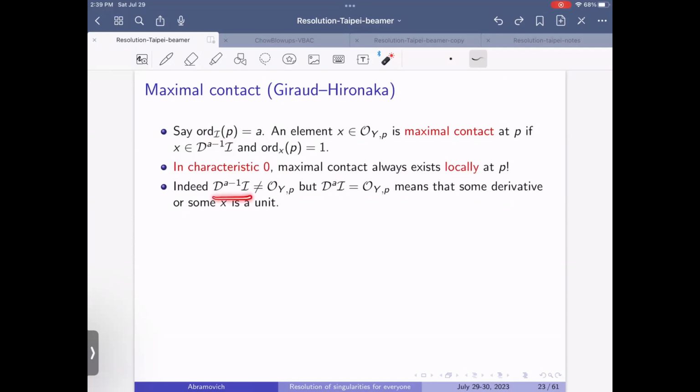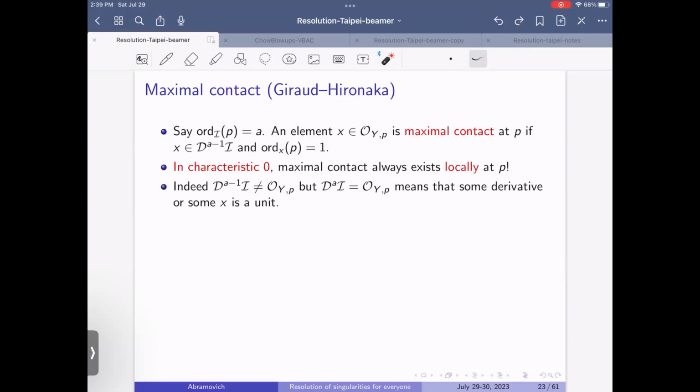So the A minus first derivative ideal is not a unit ideal, and the A-th derivative is a unit, which means you can find an element here whose first derivative is a unit. That's this X that we will choose. That's what a maximal contact element is.